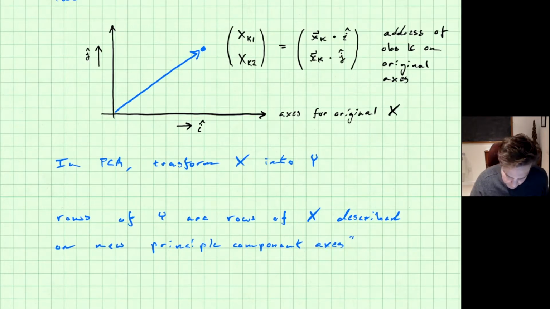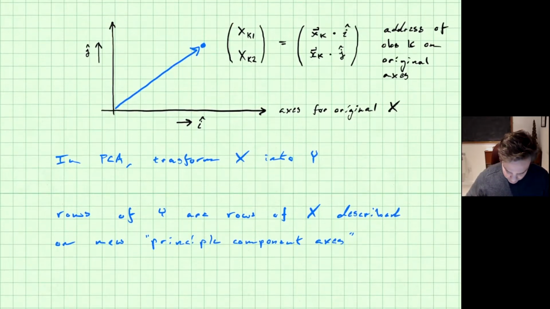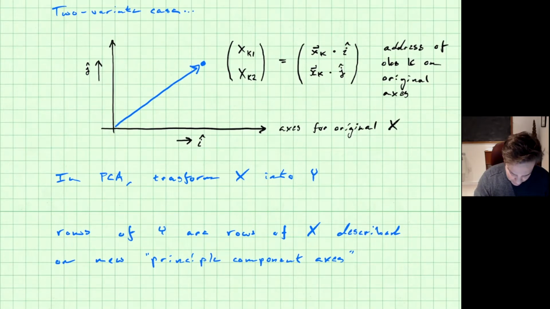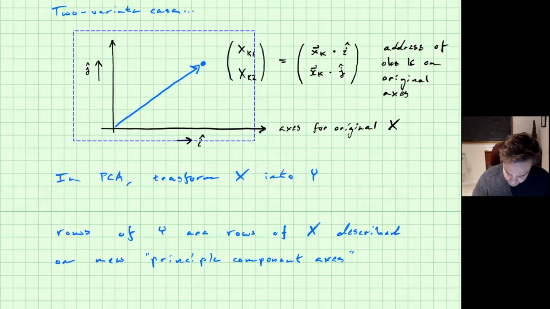Now, transforming onto a new set of axes doesn't make them the principal component axes. What makes them the principal component axes is that we choose them in order of greatest variance, in the way that we discussed in the last lecture. But let's draw a picture to understand what these new axes look like.